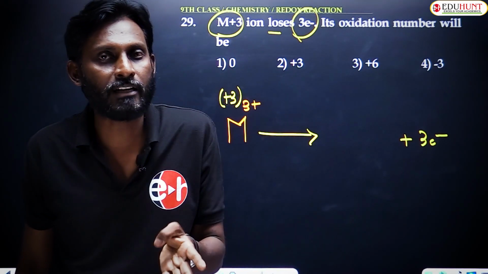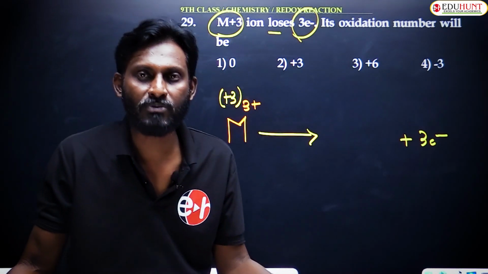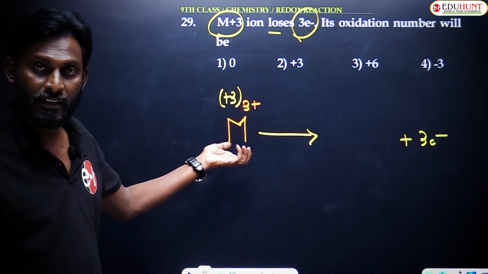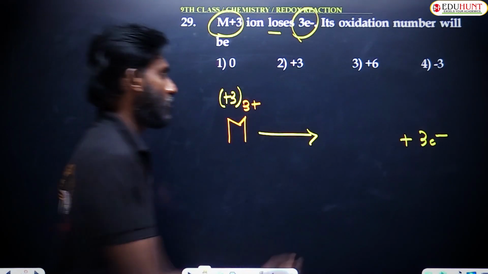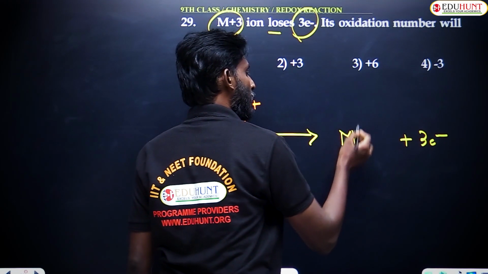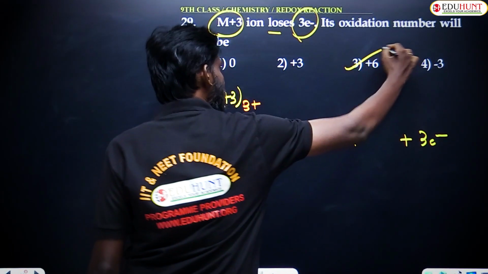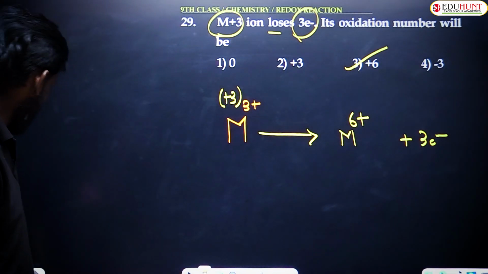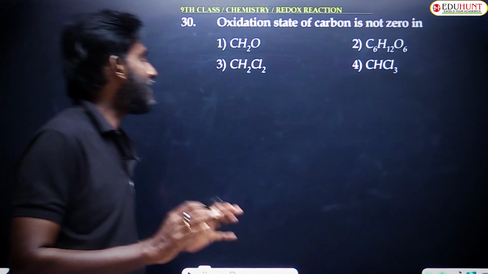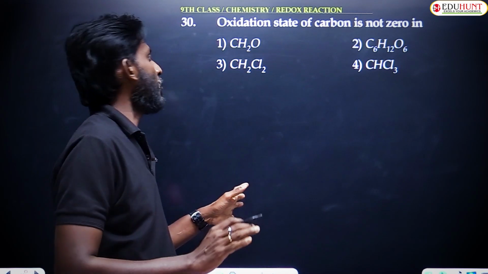If it loses 3 electrons, it acquires 3 unit positive charge. That's what happened here. Now again it lost 3 electrons, so again 3 unit positive charge. So a total of 6 plus. Now the oxidation state is going to be plus 6. Okay? Yes.